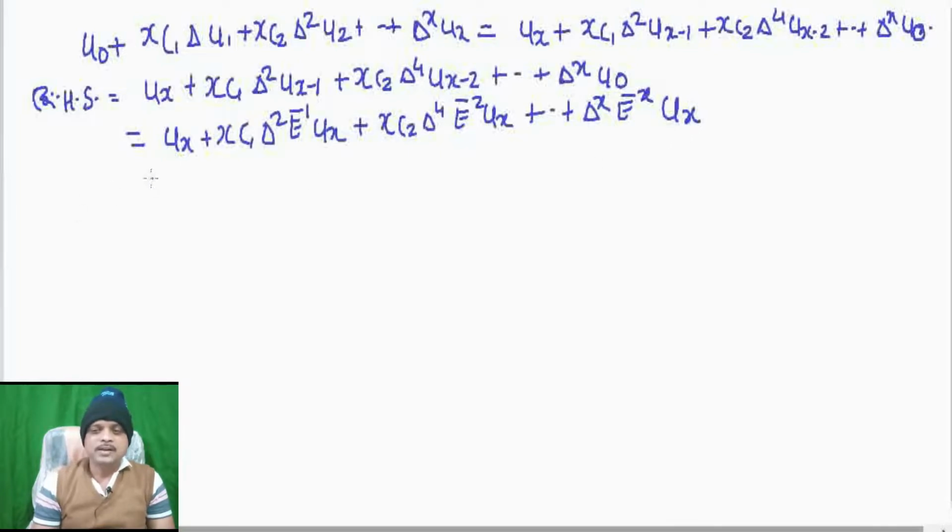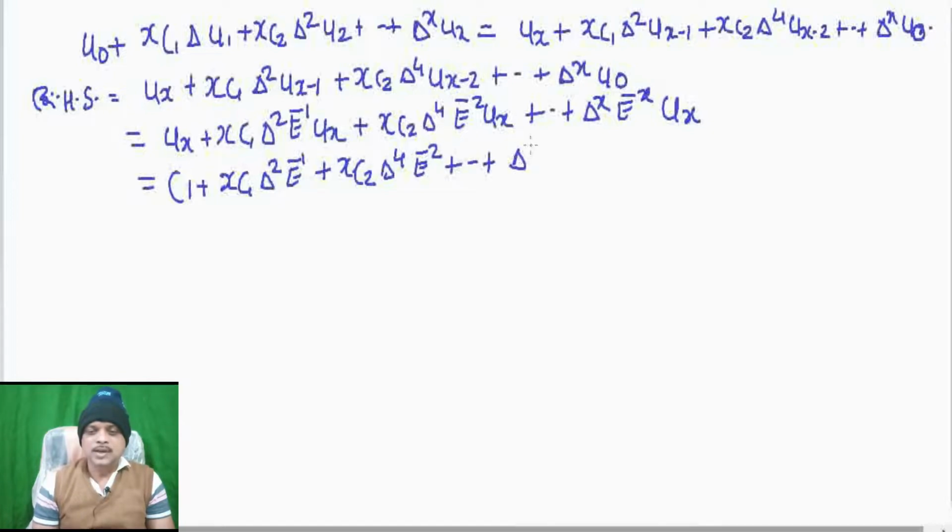We can take ux common and this will be 1 plus xc1 delta square e raised to minus 1 plus xc2 delta raised to 4 e raised to minus 2 plus delta raised to x into e raised to minus x into ux.